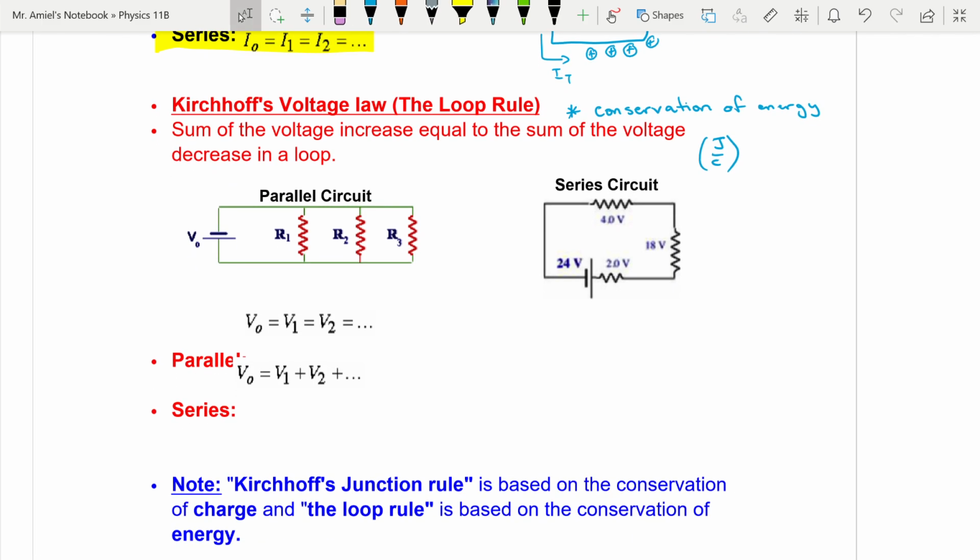Okay, so for Kirchhoff's voltage law, the sum of the voltage increases equals the sum of the voltage decreases in a loop. So what this means is if we've got 10 volts here, let's say, we've got 10 volts of energy.